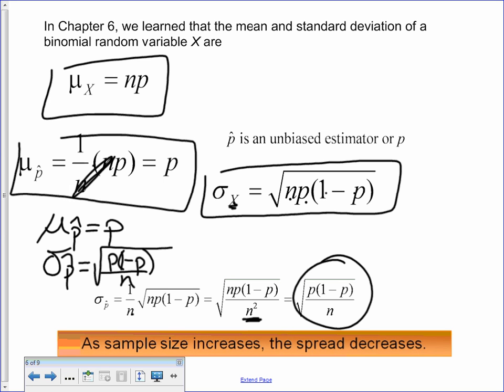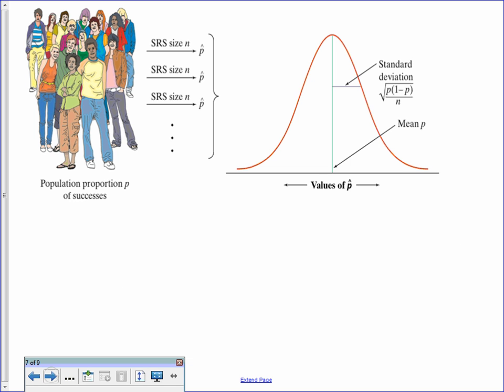And that's very important, because right here the standard deviation is going to be largely determined by the sample size. The larger the sample size, the more we're dividing by it, so the smaller the standard deviation. Now it's not a 1-to-1 ratio, it's inside the square root, and we'll discuss that in class.